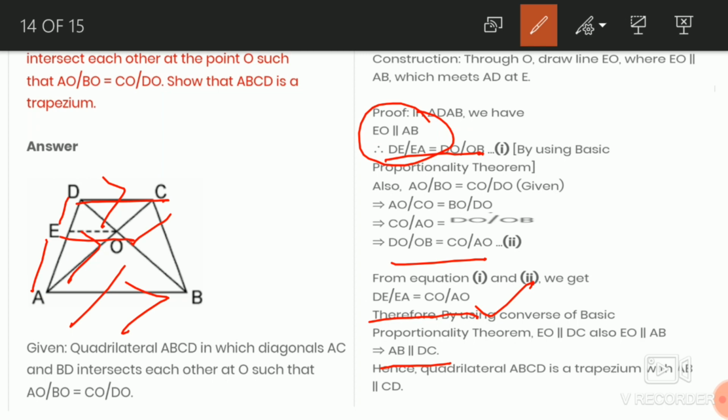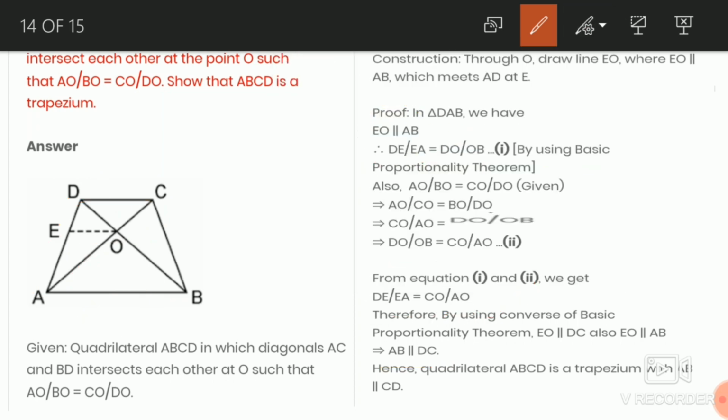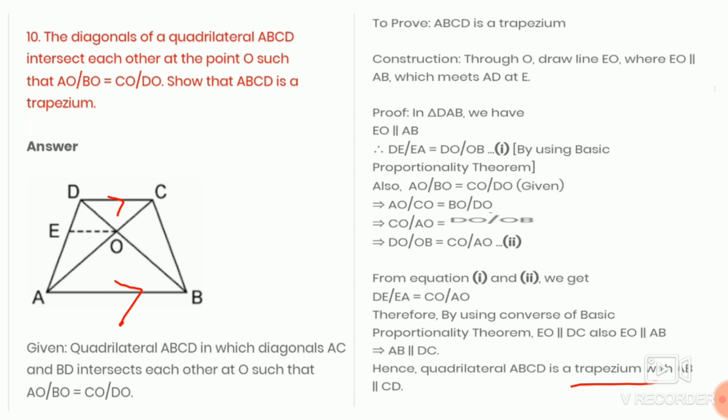Now if these two are parallel to each other, we have a quadrilateral ABCD whose one pair of opposite sides is parallel. Hence, it will be a trapezium. So, this is the end of this exercise.